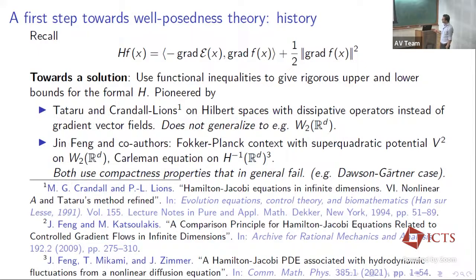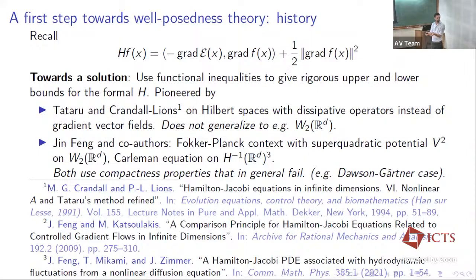Now, later on, Jin Feng, the same Feng of Feng and Kurtz that I spoke about earlier, was also interested in this problem because he wanted to prove large deviation principles in infinite dimensional spaces, and he ran into exactly the same problem. And so he worked with co-authors and treated two examples. So the Fokker-Planck equation, so the case with the interacting diffusion particles, but he assumed that these particles live in a confining potential that has superquadratic growth.